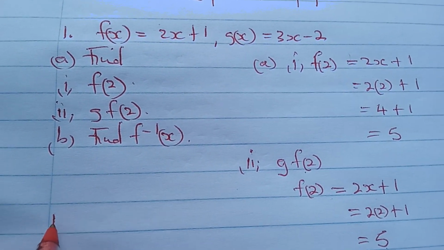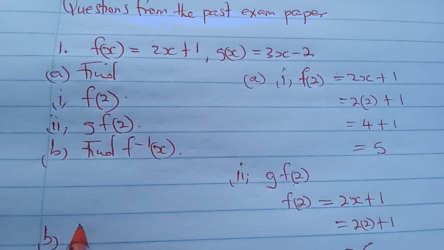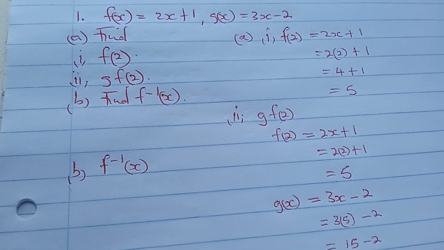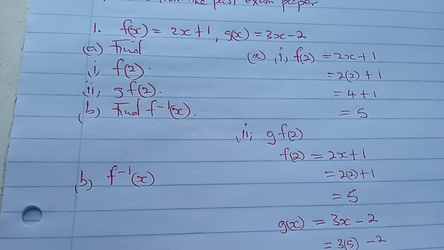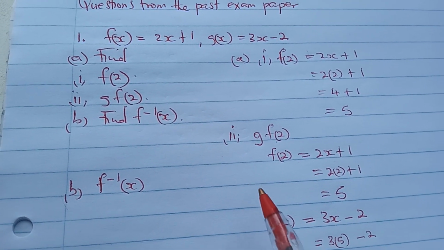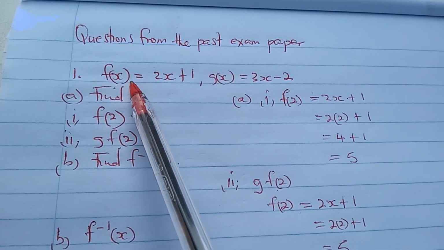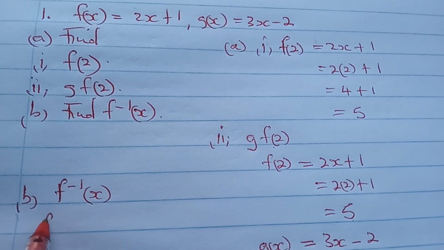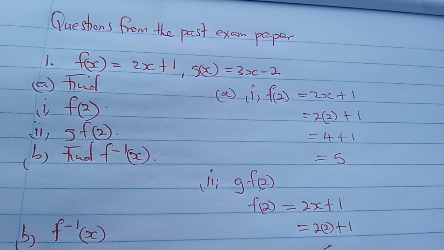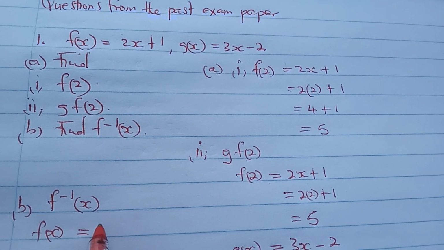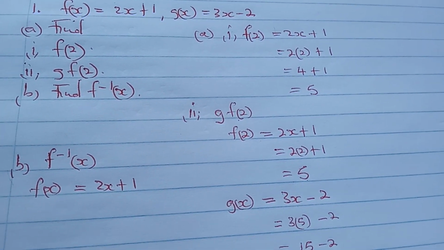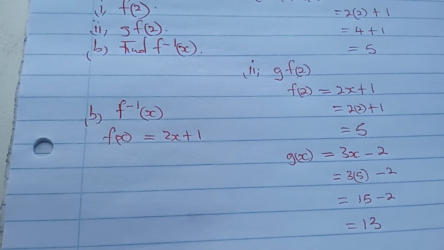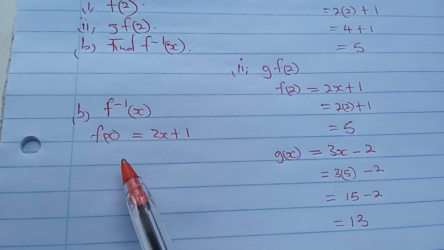In B, we are told to find the inverse of f(x). So for the inverse of f(x), we are going to use this function here. So f(x) equals 2x plus 1. Now, guys, f(x) is equal to y.